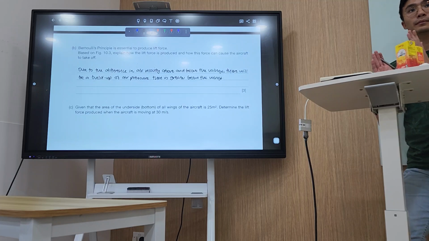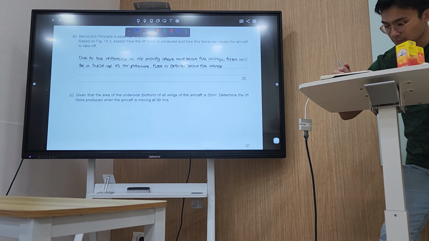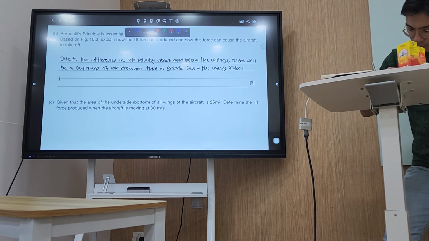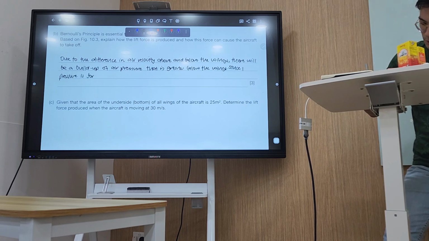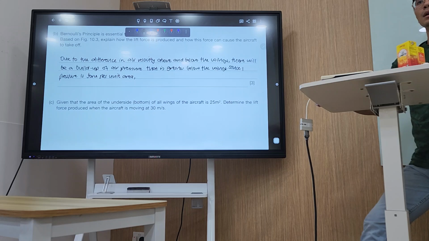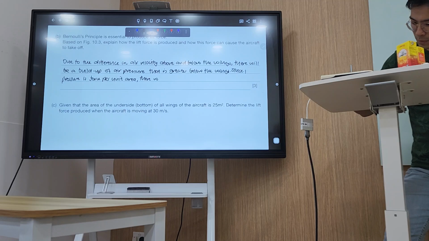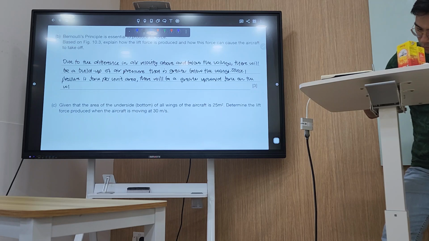Okay, once I have this, then I will say, since pressure is force per unit area, there will be a greater upward force on the wings than downward.